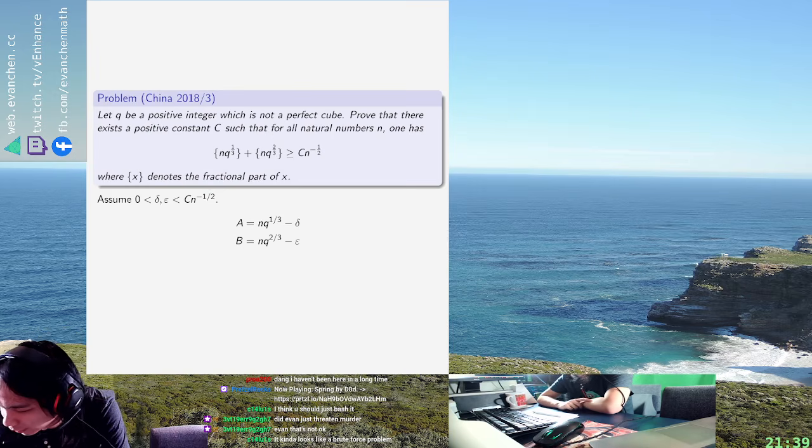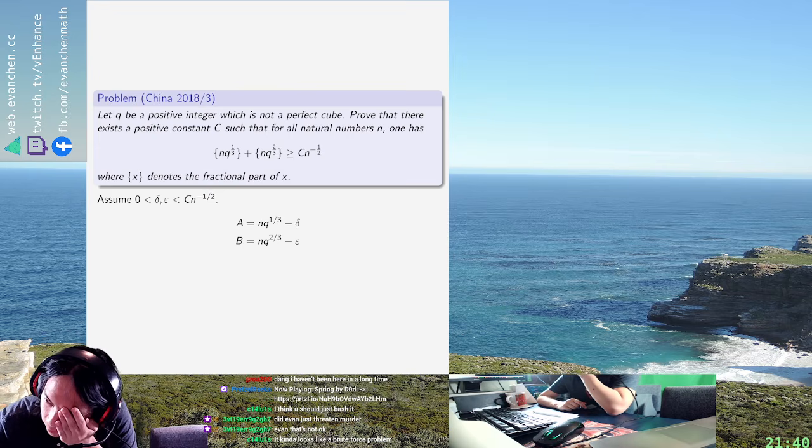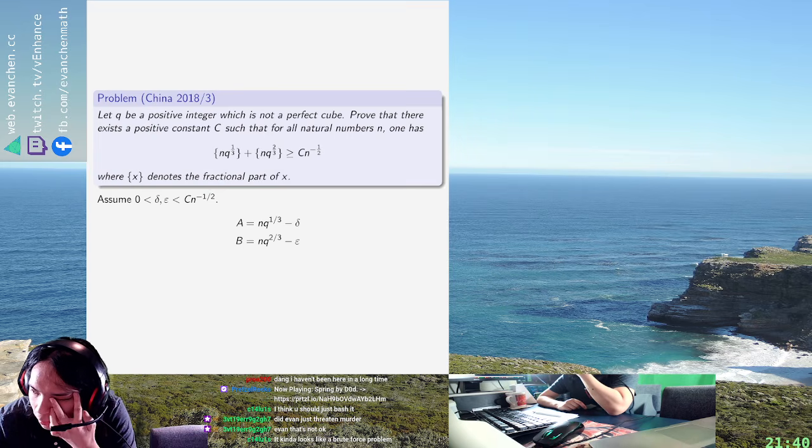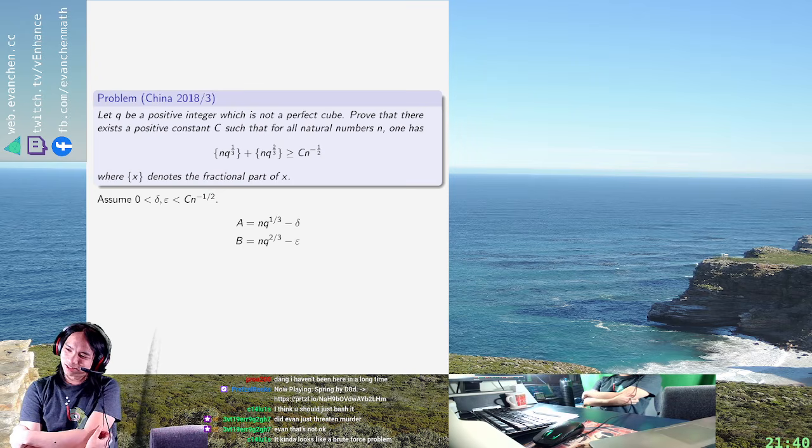I'm not that optimistic about what's gonna happen if I just randomly write down garbage. I need Q to be an integer too. Freak.